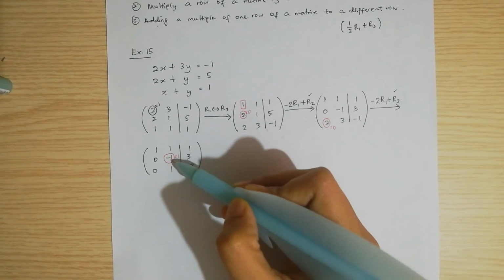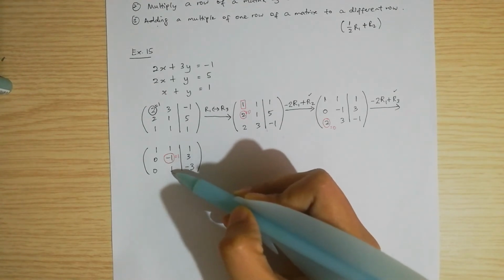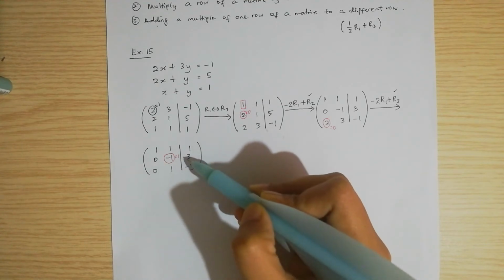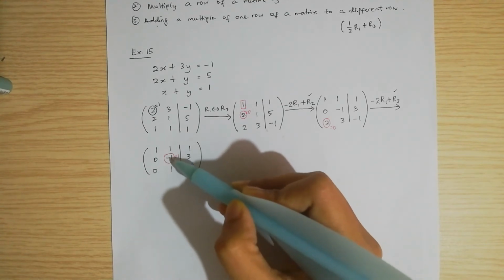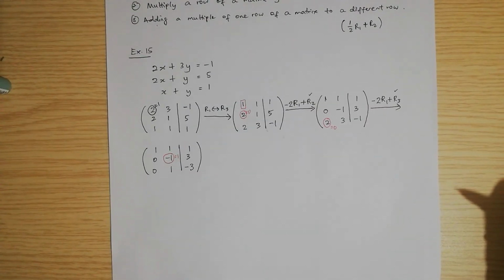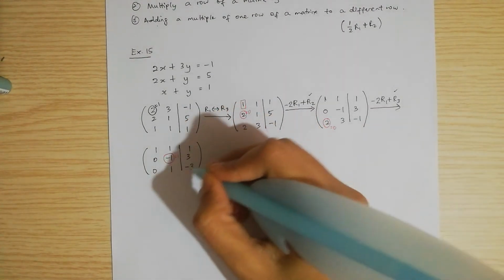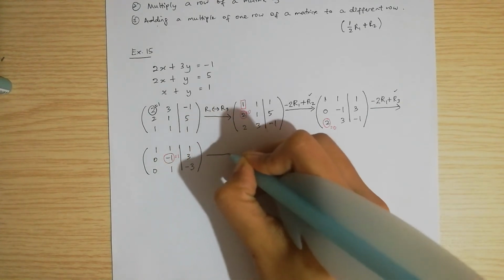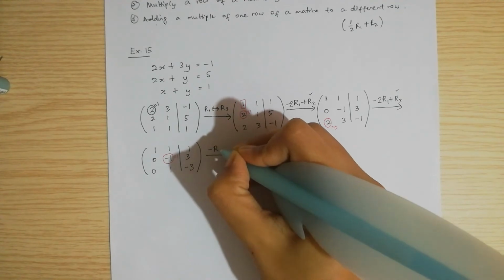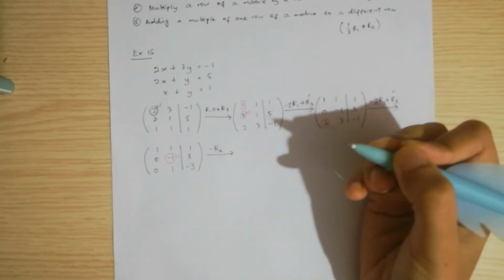In this case, it's either you interchange with row 3 or you can multiply the second row by negative 1. Okay, if you multiply by negative 1, you will get 1 here. So let's say I just multiply by negative 1. But again, you can also interchange.